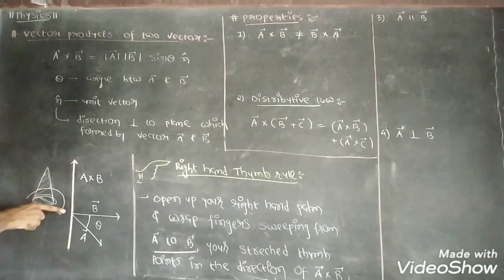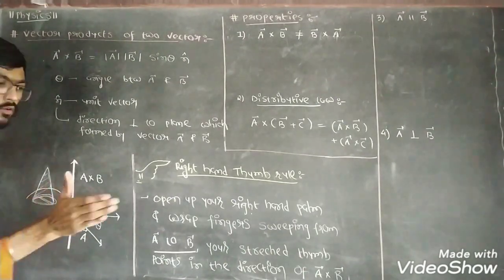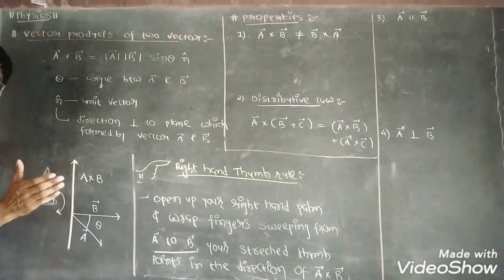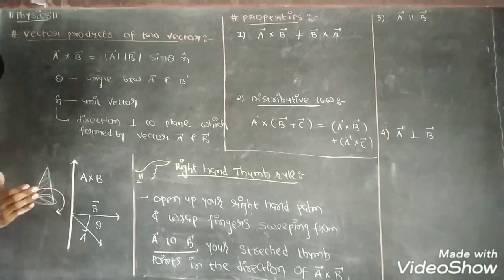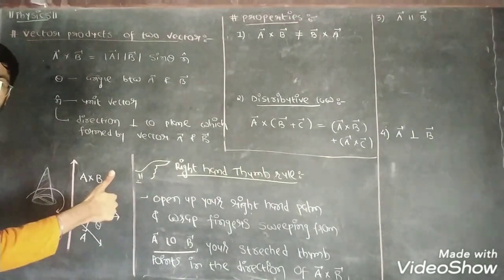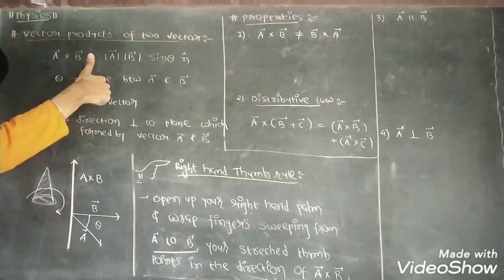For A cross B, we wrap our fingers from A to B, so the direction of the product is upward.